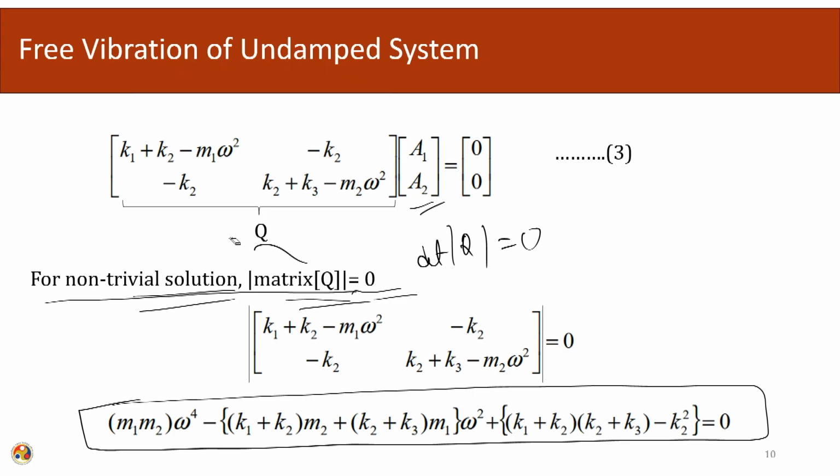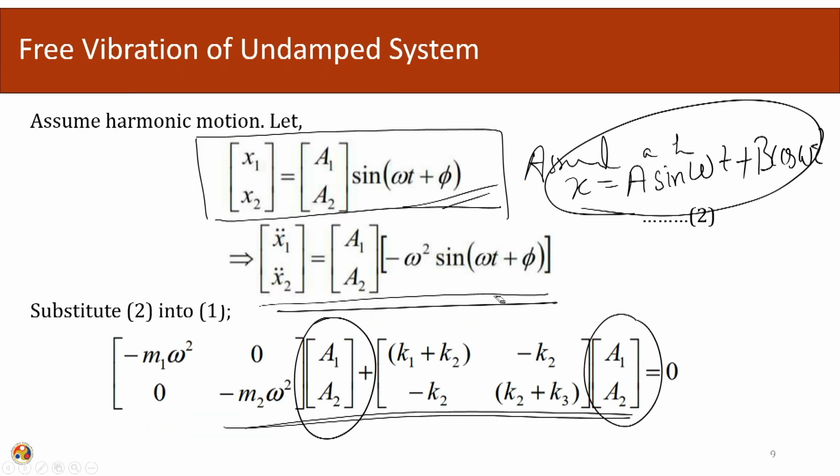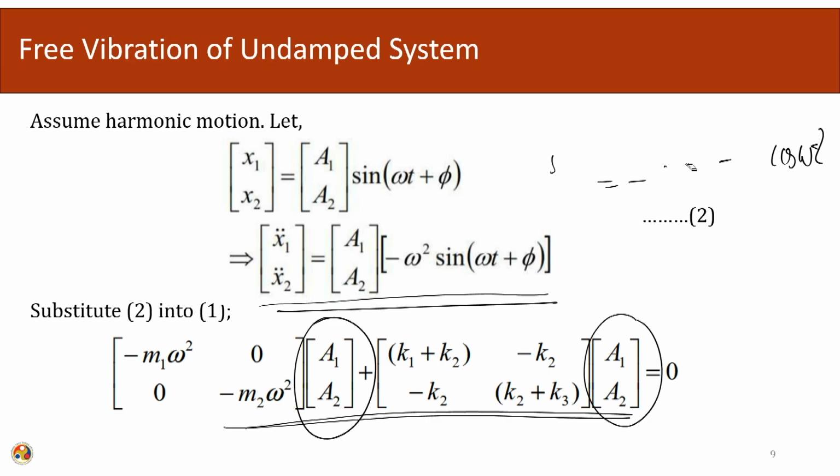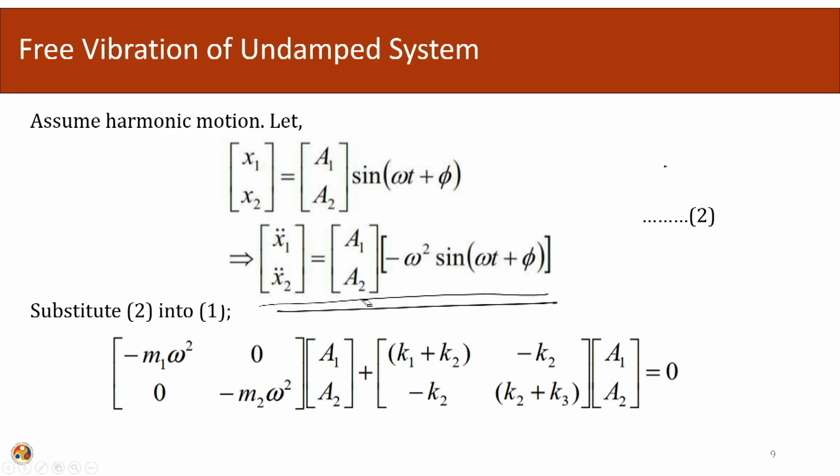From the last class we remember that we formulated our responses in terms of harmonic functions. Since there is no effect of the external forcing function, the external forcing function is 0, the system will behave in a harmonic fashion, and a1 and a2 are the amplitudes of these harmonic functions.